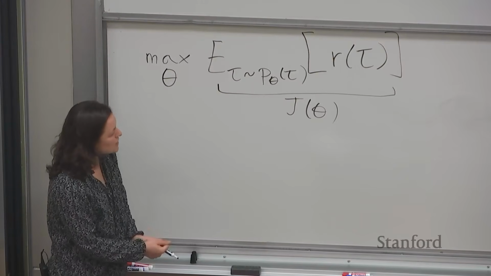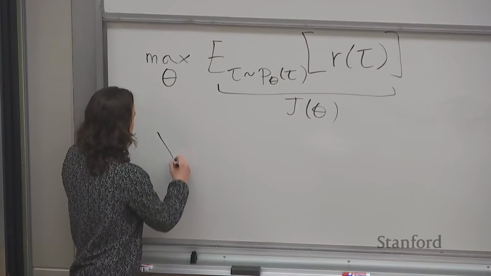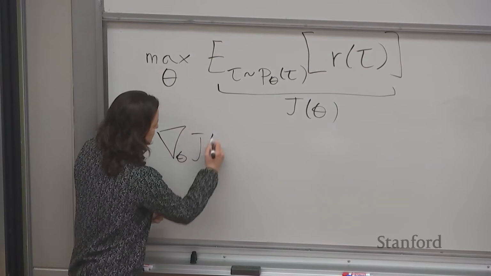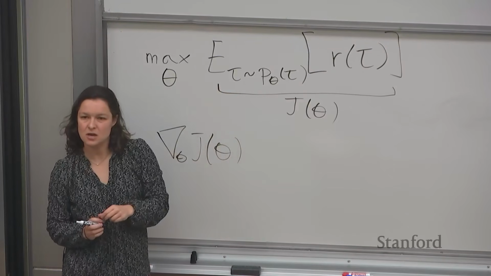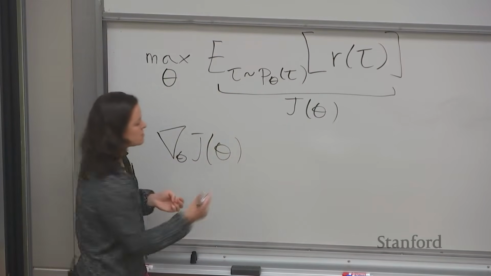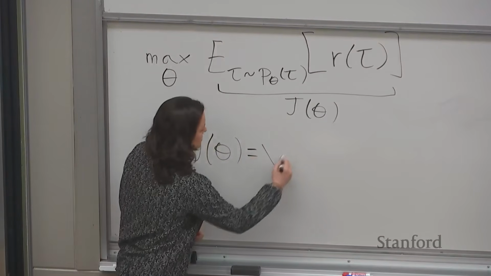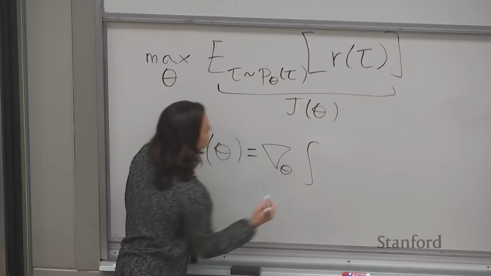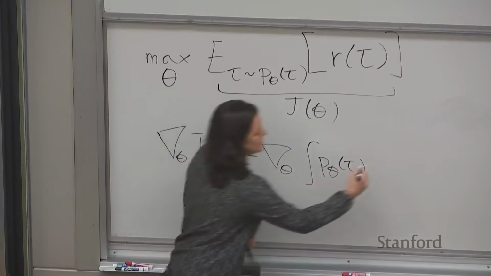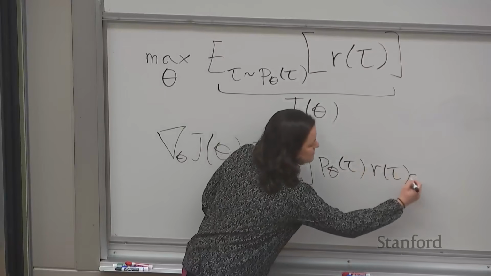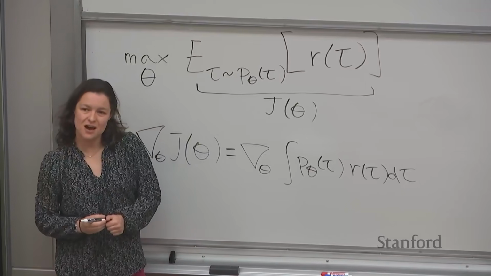So if we're going to think about trying to get a gradient of J theta, it's helpful to write down this expectation as an integral. This expectation can be written as an integral of p theta of tau times R of tau d tau. This is just from the definition of an expectation.